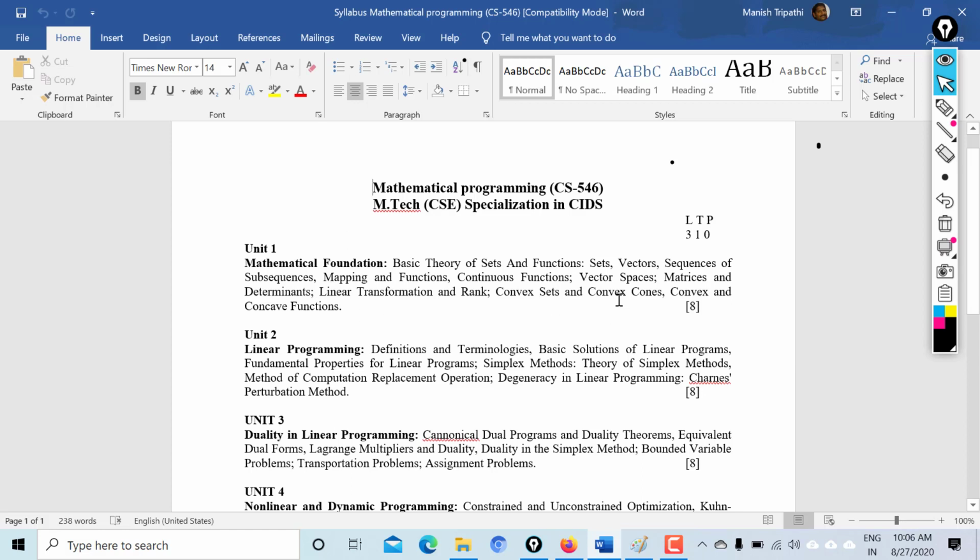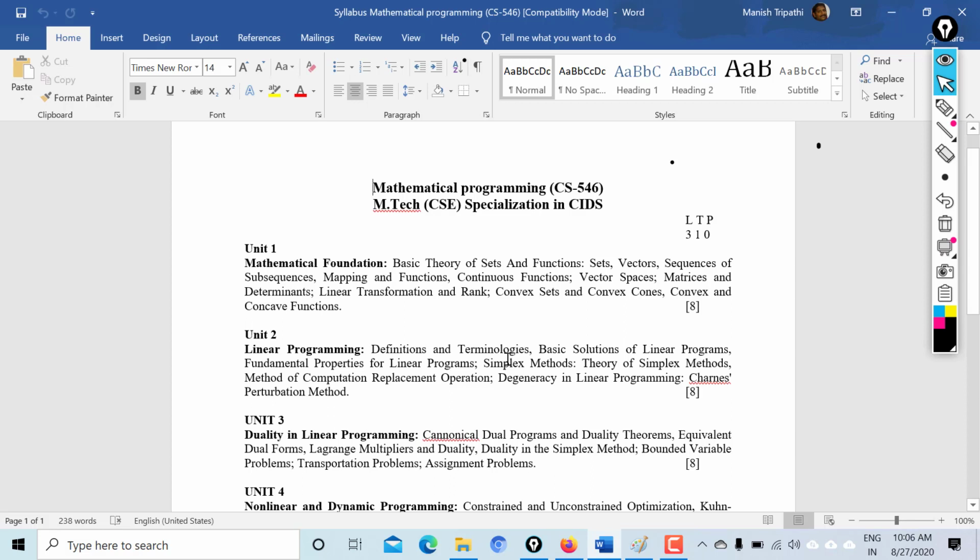So most of this part has already been studied by you up to intermediate level and your graduation level. From the second part, linear programming will start: linear programming definitions and the basic terminologies inside it, basic solutions of linear programs, fundamental properties of linear programs, and different methods like the simplex method and the theory behind the simplex method.